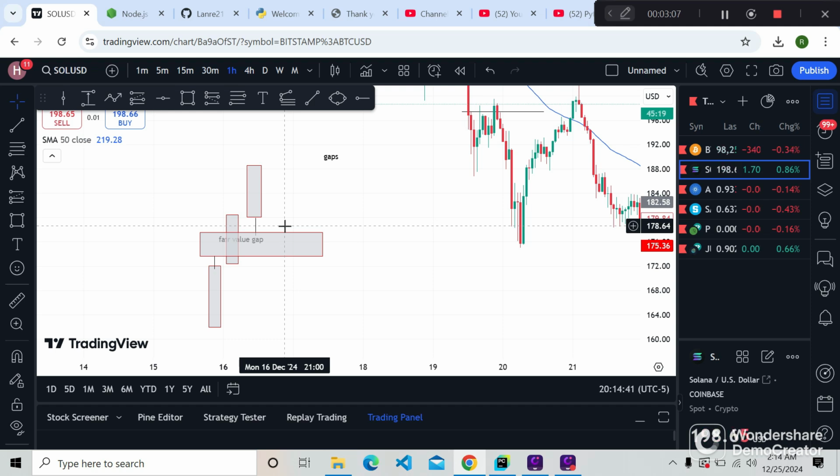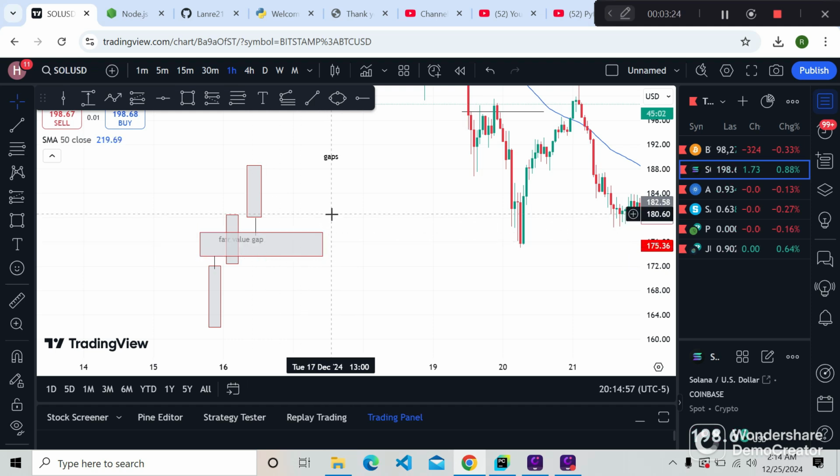You understand? So the difference in price between the first candlestick and the third candlestick is where we are going to find our FVG.